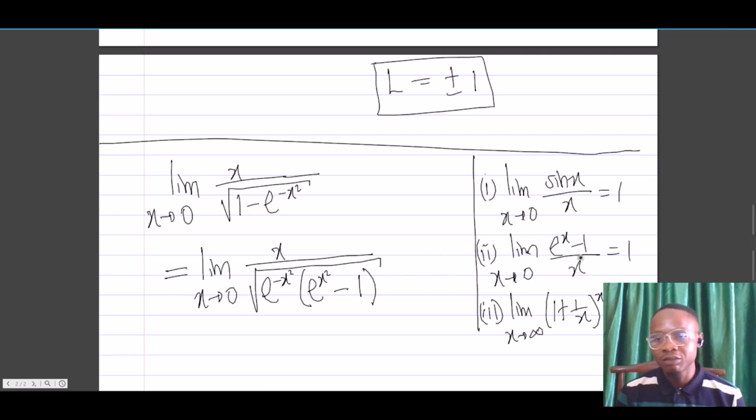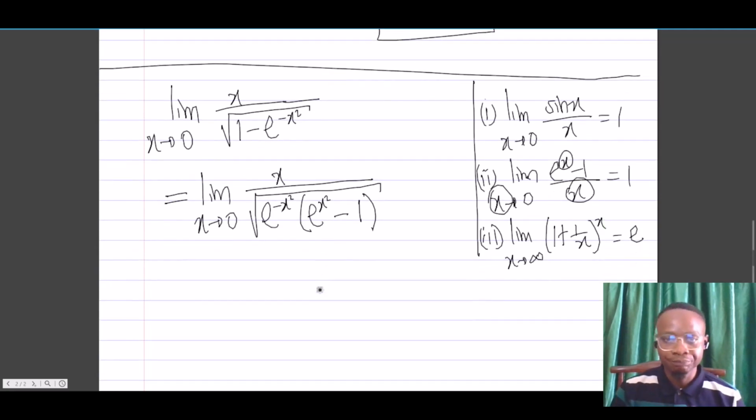The only thing we have left is that if this is e to the power x squared and we have e to the power x here over x as x approaches 0, then since we have x squared as the power, we should try to have x squared in the denominator of this. How can we do that? The only way is finding a way to bring this x into the square root symbol.